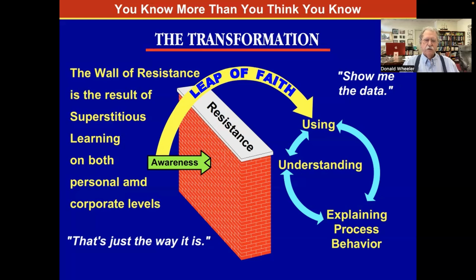This happens when you trust the chart to tell you when to take action and when to avoid taking action. As you use the charts, you will begin to explain process behavior, which will reinforce the understanding, which will reinforce the use.